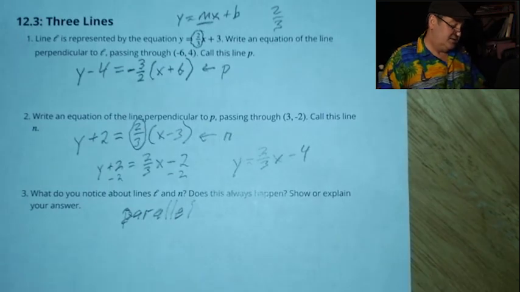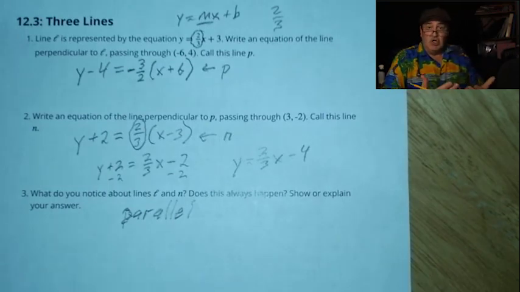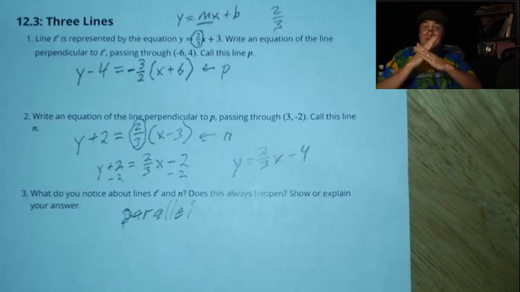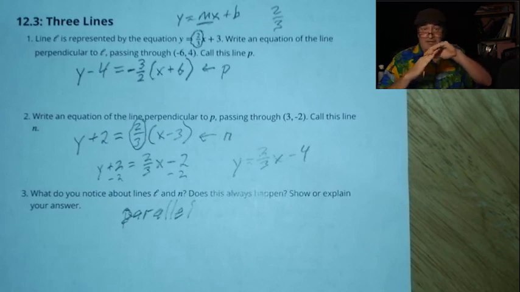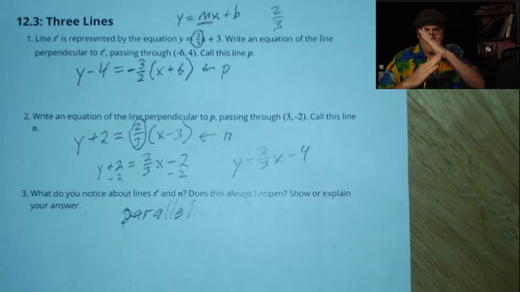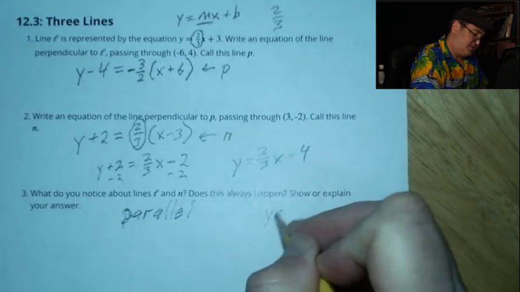Parallel. Does this always happen? Sure. Right? Because if we have a line and we take a line perpendicular to it, it's going to be at a 90-degree angle. It's going to have the opposite reciprocal slope. So then if we take a line perpendicular to that line, the opposite reciprocal slope will put it back where the original was. Yes.